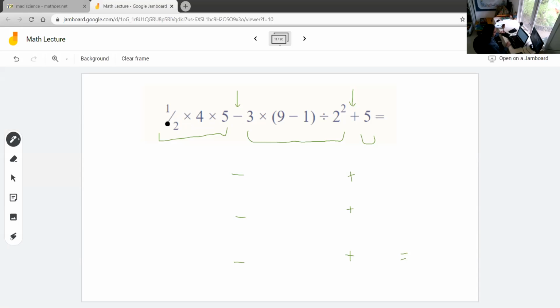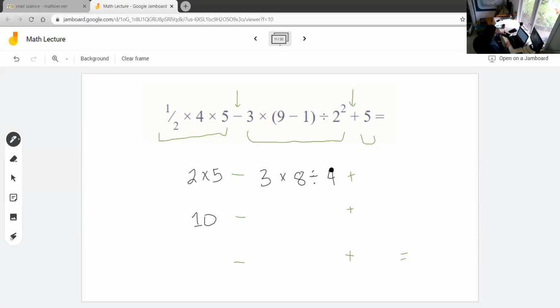So with this step, we had 1/2 times 4 times 5. It's all multiplying. So we go left to right. Half of 4 is 2. 2 times 5 is 10. With the second term, 9 minus 1 is 8. And 2 times itself is 4.